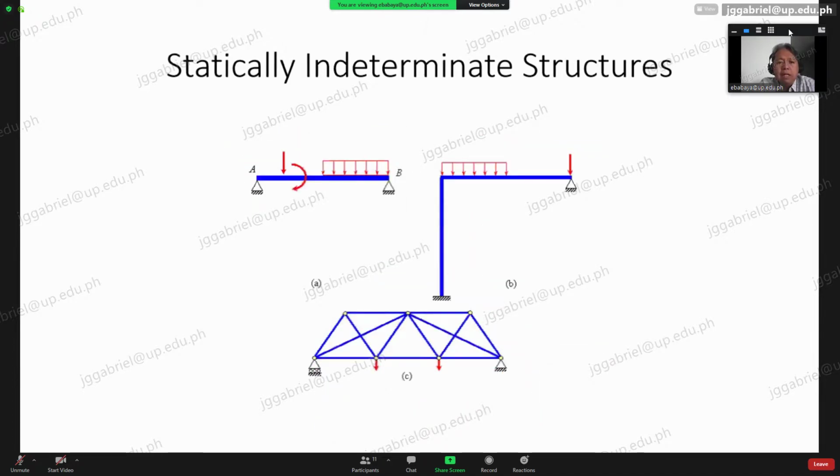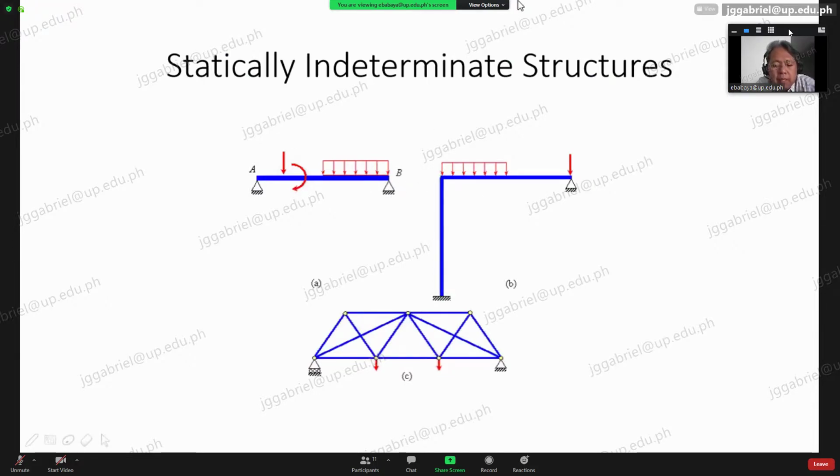Now, what about statically indeterminate? The difference from the previous slide is that there's a small change. Originally, this support here is a roller. Now you have a pin.